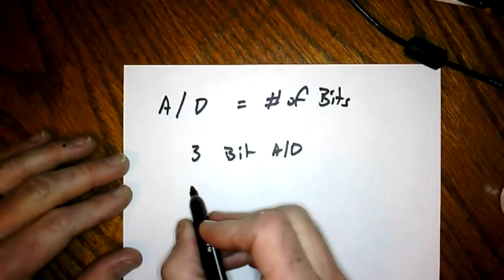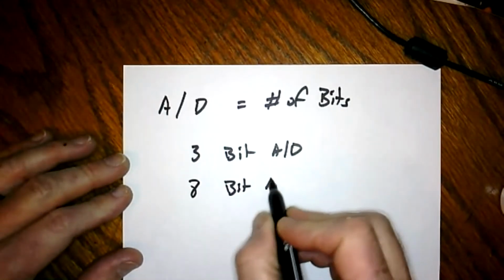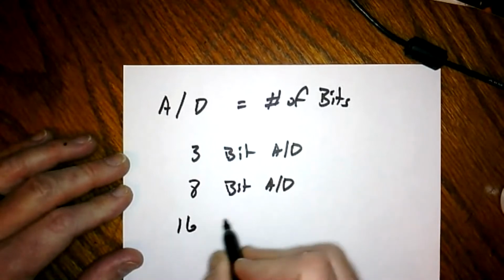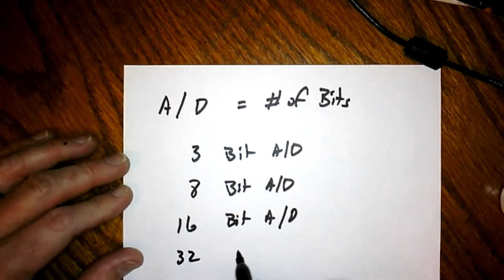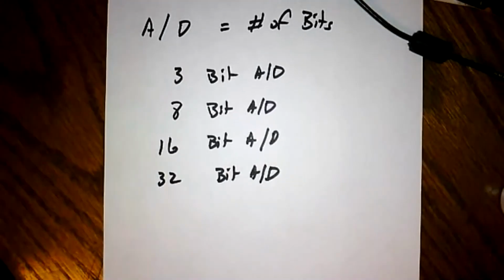We can buy maybe an 8-bit A to D board, or a 16-bit A to D board, or a 32-bit A to D board. What are we doing? We're actually increasing the number of values that we can represent based upon the number of bits in here.